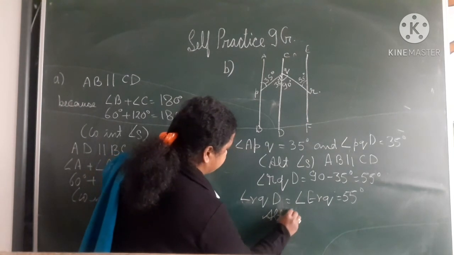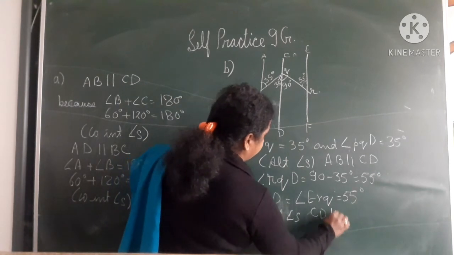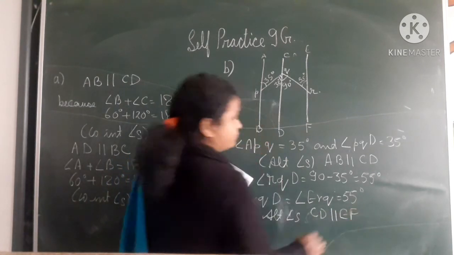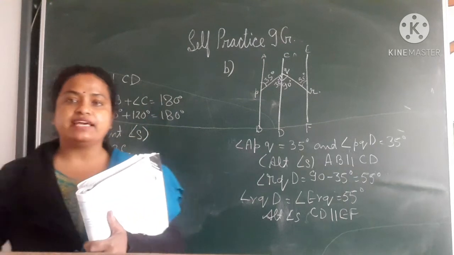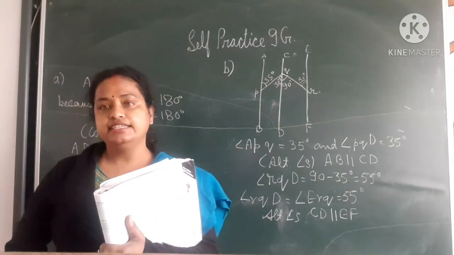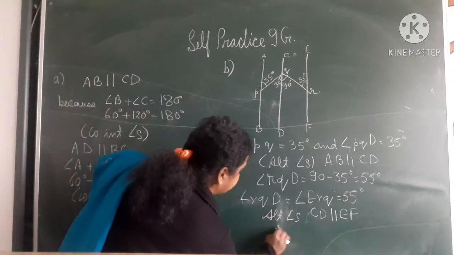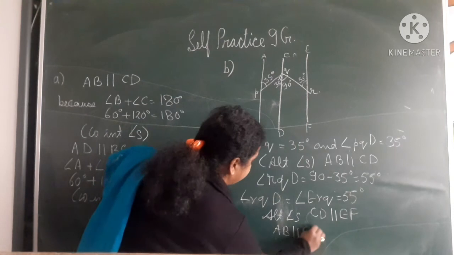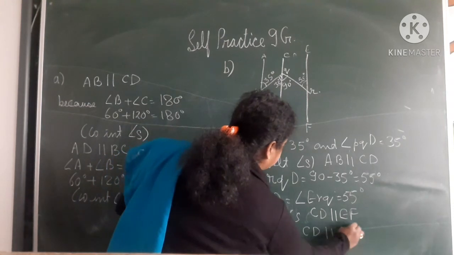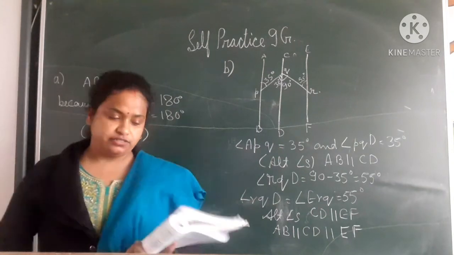Alternate angles. So CD is parallel to EF. So we can see it here, AB is parallel to CD and CD is parallel to EF. So hence at last we can say that AB parallel to CD parallel to EF. All the three lines are parallel to each other.